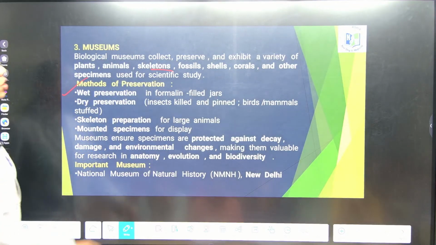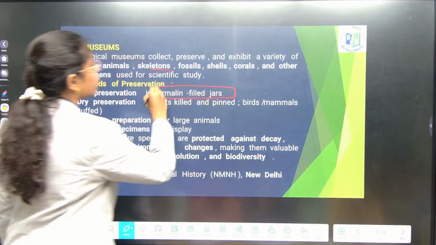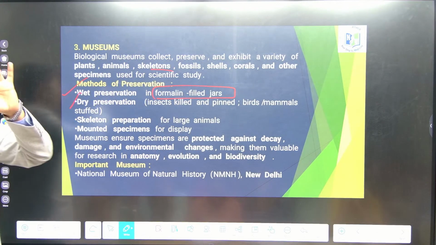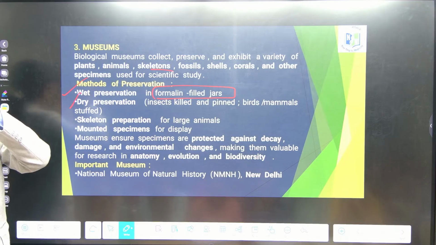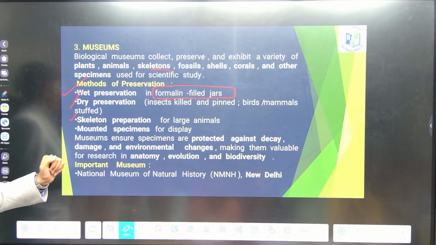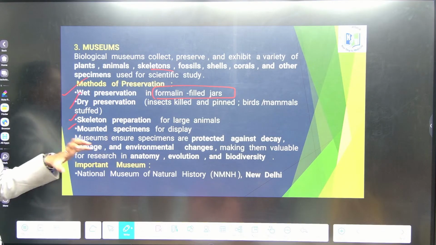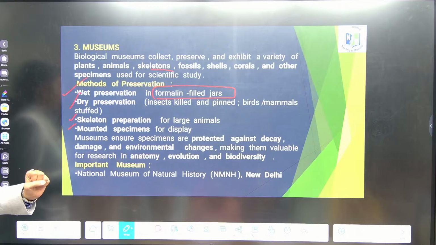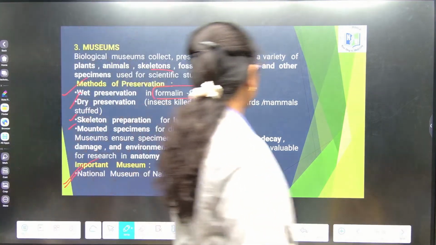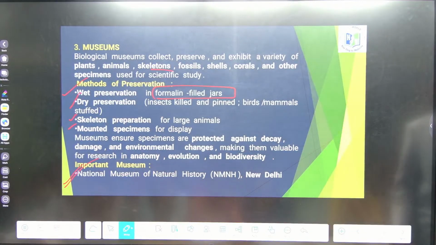Wet preservation, you will preserve it in jars adding what chemical? Formalin. Dry preservation, insects will be mounted and pinned in boxes. Skeletal preservation for large animals, mounted specimens for displaying in the museum. Popular museum, that is the National Museum of Natural History, which is located in New Delhi.